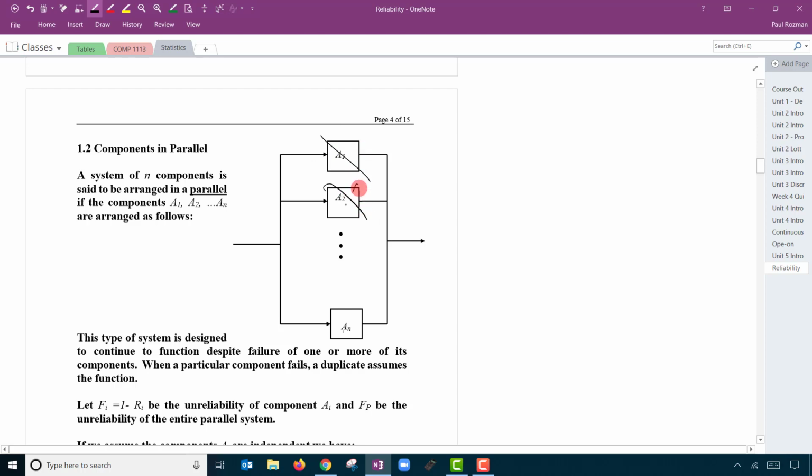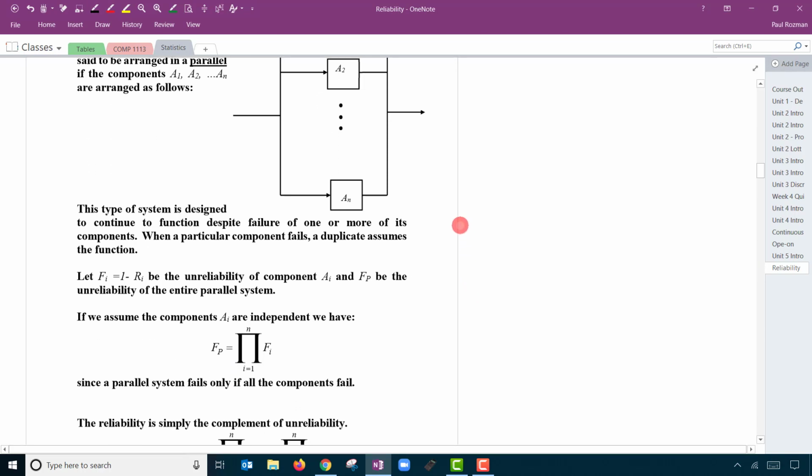That's every single piece breaks. If all the components break, well, then you can't get from here to here. So we'll examine these parallel systems sort of negatively. We'll study their unreliability.